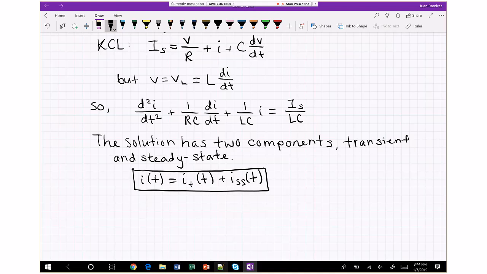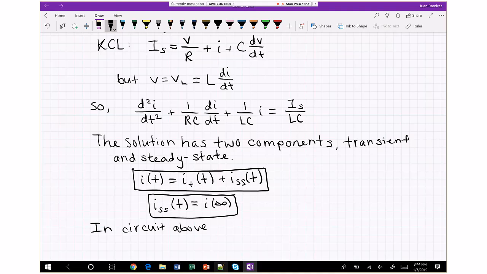Okay, and for the circuit above, I'm going to say the steady state response is simply the final value. In the circuit above, if you look at it a long time after the transition, the inductor looks like a short circuit, so all of that source current will flow through that inductor.